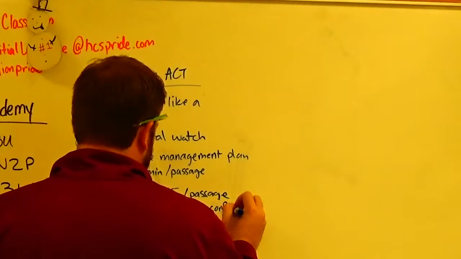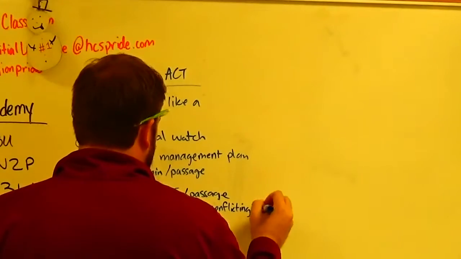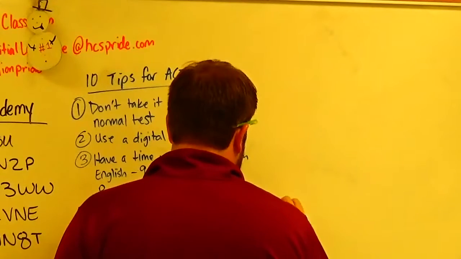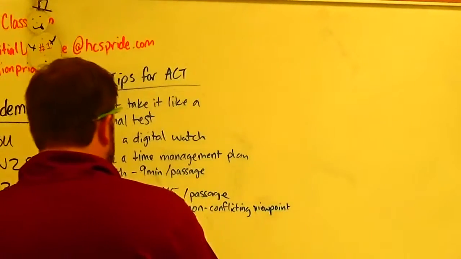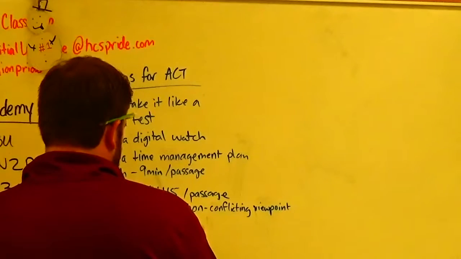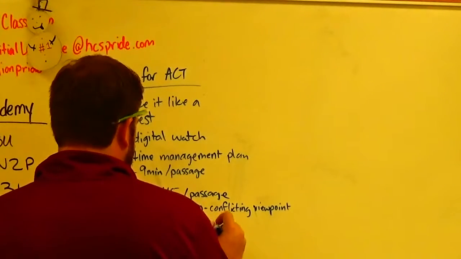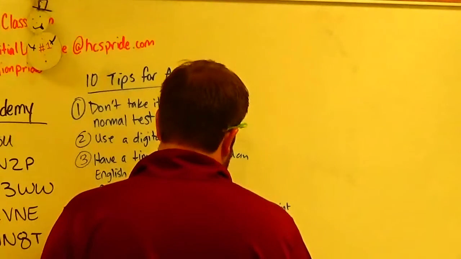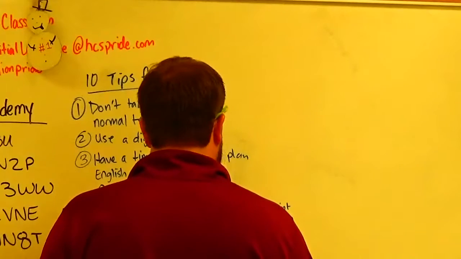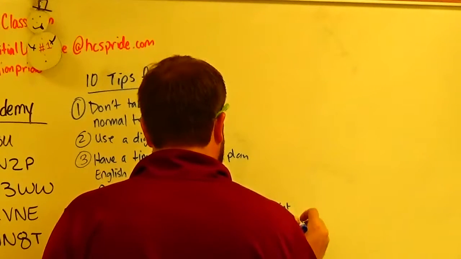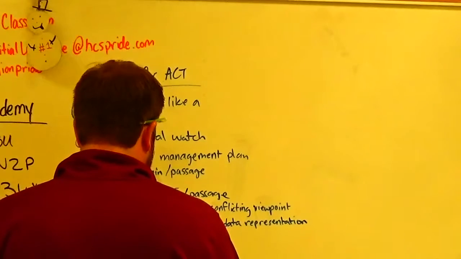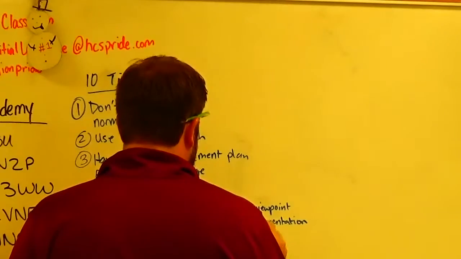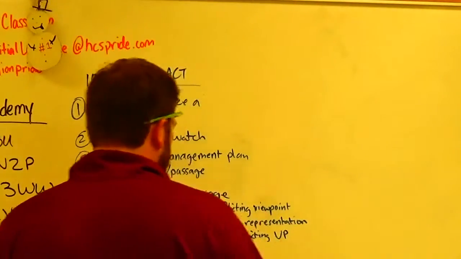He said that if you just read the introduction passage, and then read experiment 1 first, then answer questions, there's a little less time for the data representation, so all the charts and tables, and a little more for the conflicting viewpoint questions. Those are the hardest.